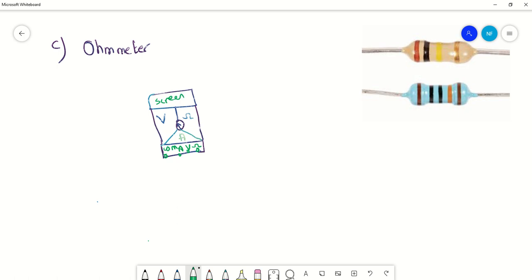So, what is an ohm meter? An ohm meter is a multimeter functioning as an ohm meter.